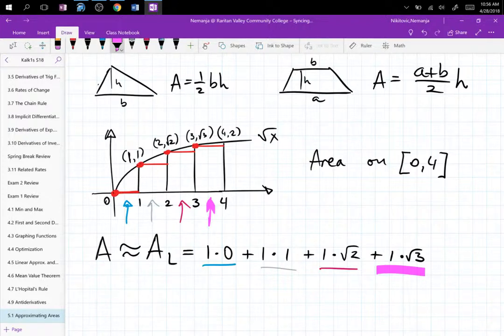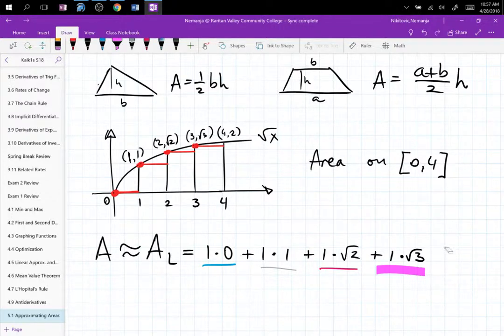So we have 4 rectangles, and we have 4 rectangles in our calculation. All I need to do now is to use the calculator to come up with decimals, and that will be approximating the area under the curve. Why is it approximation? Because it's not exact.